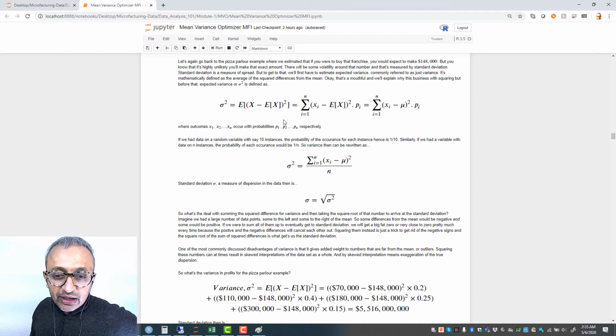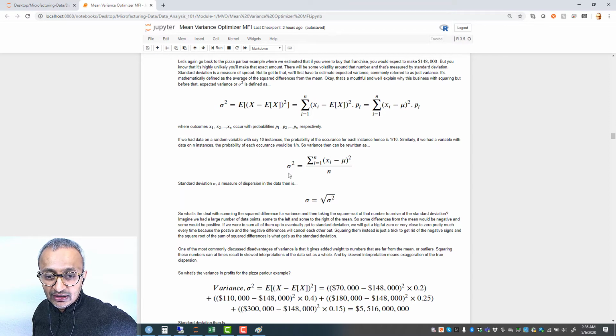So we calculate the variance that way, and since pi, as I said, the probability of occurrence of any one event in that column, is just 1 over n, because if you have 10 data points, it's going to be 1 over 10. We are going to simplify that further.